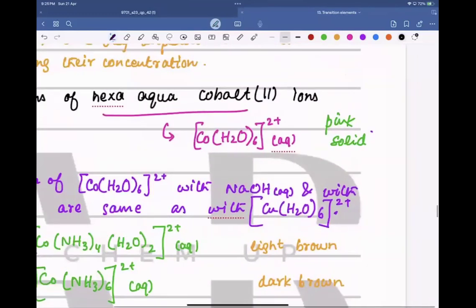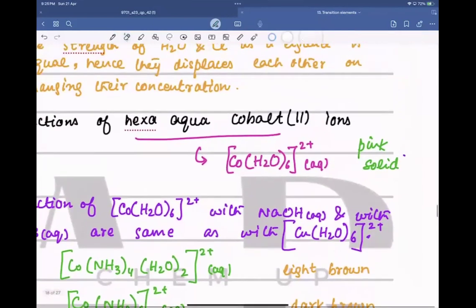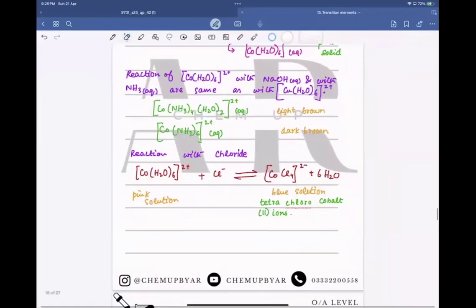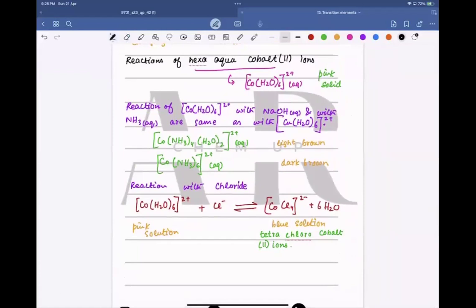Okay, it's not mentioned over there. Let me write it over here. That if there is a cobalt hexaaqua ion, it reacts with 2 moles of sodium hydroxide forming cobalt hydroxide.